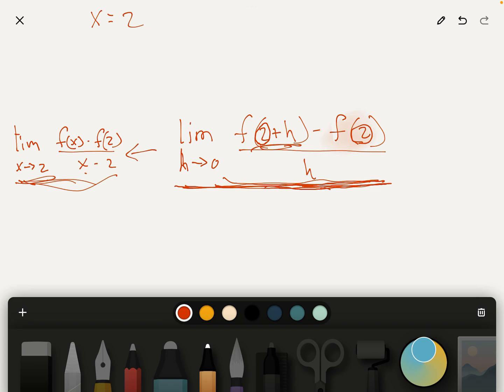Same thing. And then x minus 2 as x goes to 2 is the same as h if h goes to 0. So those are truly equivalent expressions. You've just shortened it, simplified it, and you can do this simplification only because they've told you where they want you to take the derivative.